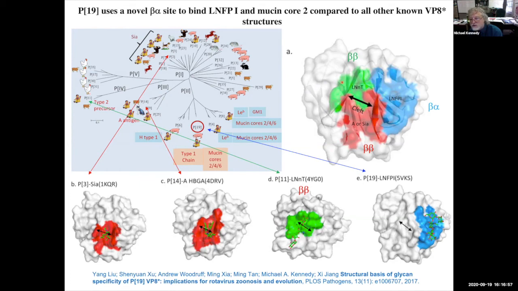So the genogroup 4 is over here in the beta-beta site. Genogroup 1 and 3 binds down here, and then this representative from genogroup 2 binds in a new location.